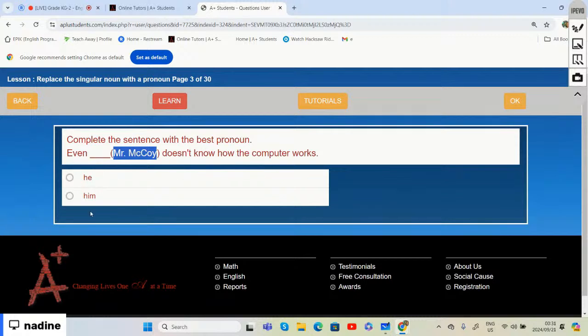Or do we say, even him doesn't know how the computer works? Which one is correct? Even he or even him? So it's option one or option two.